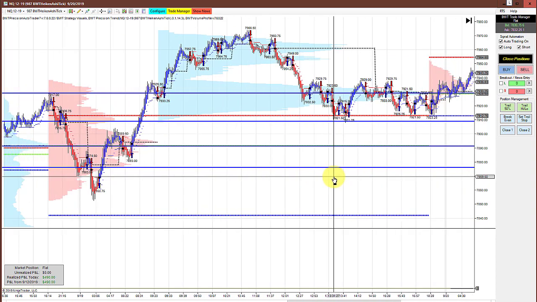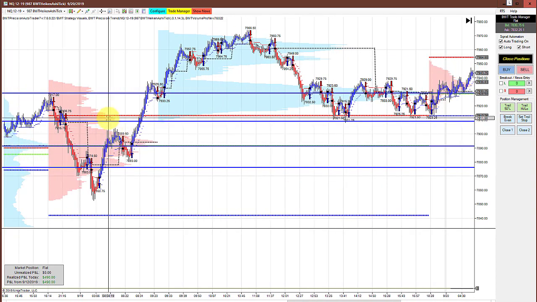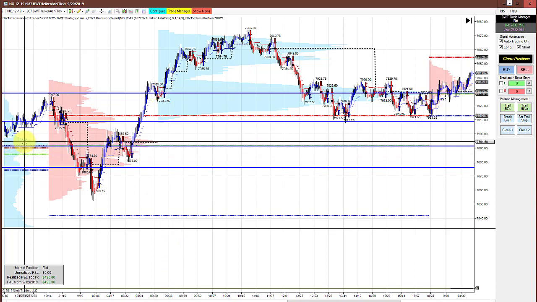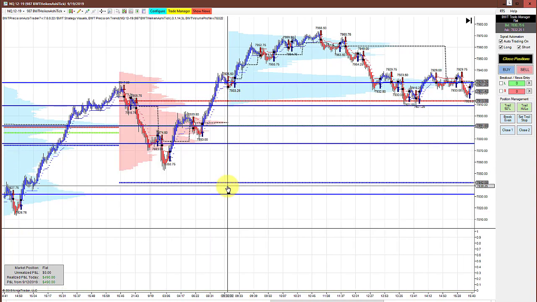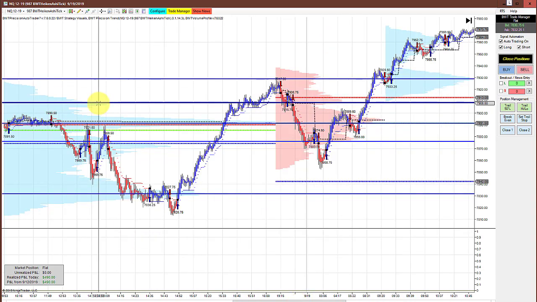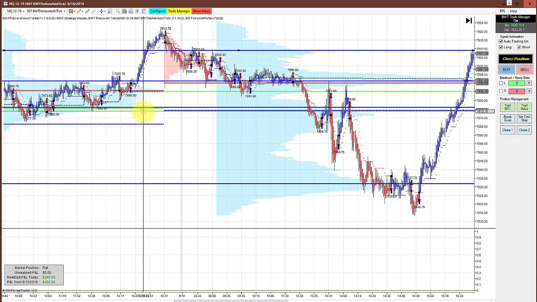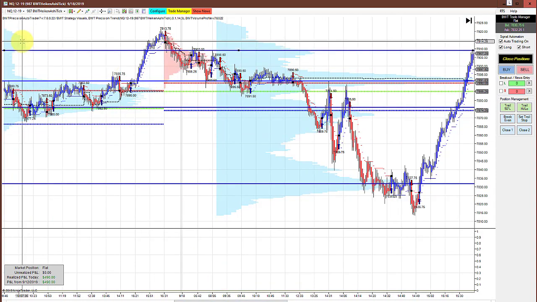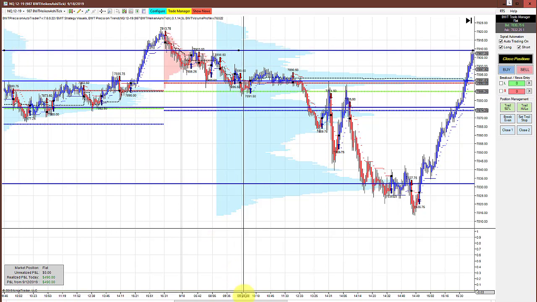Going back further, we have a high volume node in the night session, and then also in the day session, this is a high volume node here around the 79.10 area. Right here, high volume node, 79.10. And then also here is kind of a high volume node there.